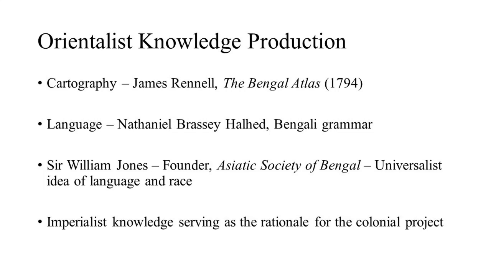A lot of pioneering Orientalists like Charles Wilkins, Nathaniel Brassey Halhed, Sir William Jones, John Gilchrist, and Henry Colebrooke were instrumental in this Orientalist search for knowledge. All these British officers who were settled in India were trying to map and understand what kind of a place, intellectually, culturally, historically, they were occupying.